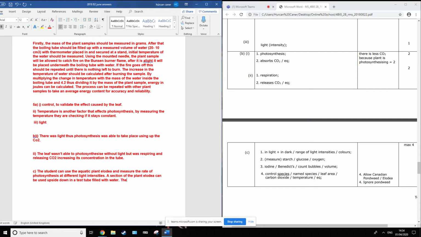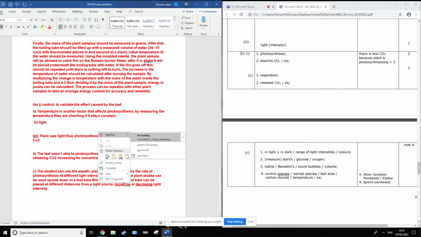The test tube can be placed at different distances from a light source, increasing or decreasing light intensity.